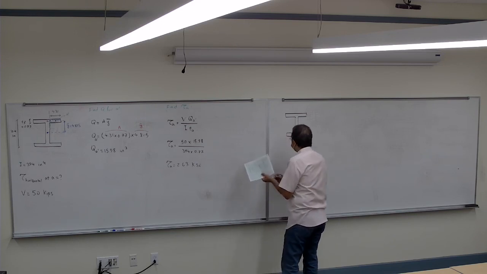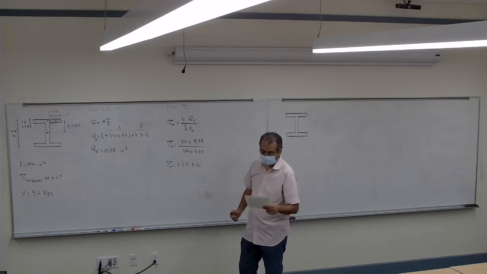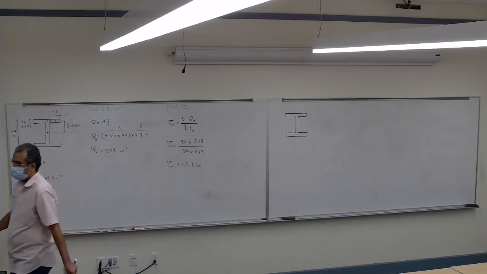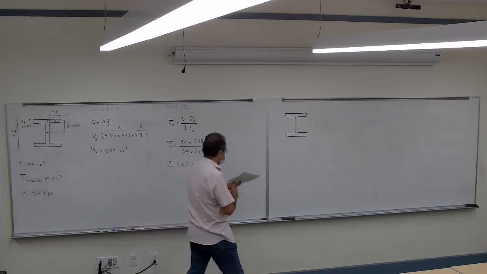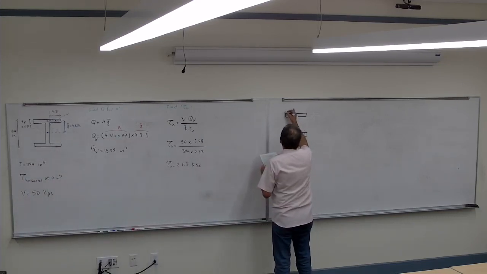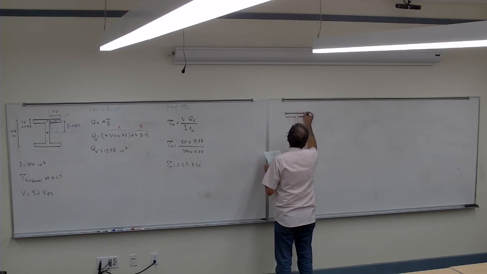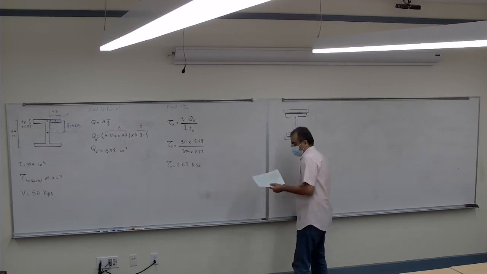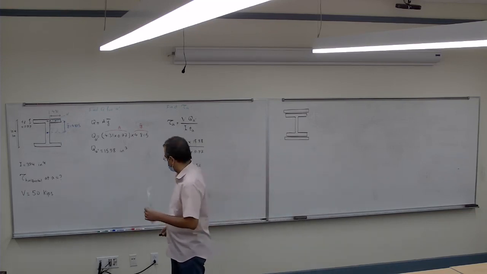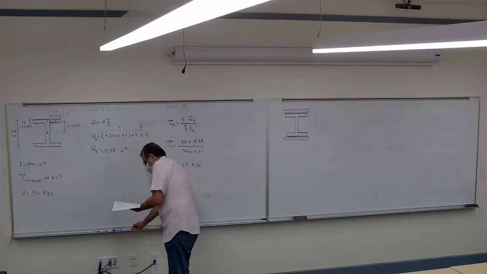So I have the same cross section as I had before. Now this time I'm going to put two plates on top of it. I'm going to put the plate here. I put the plate here. And then I weld them at these points.